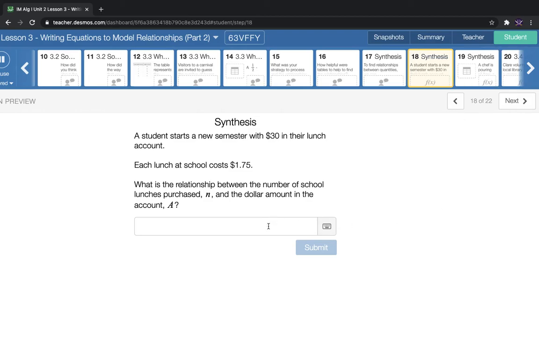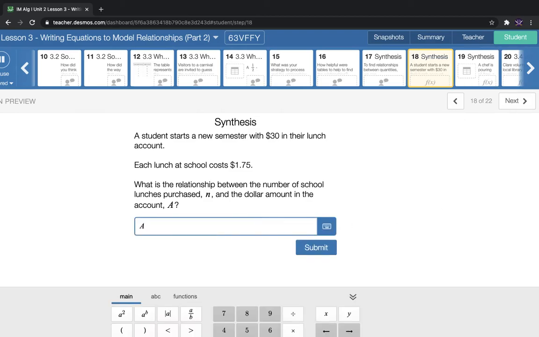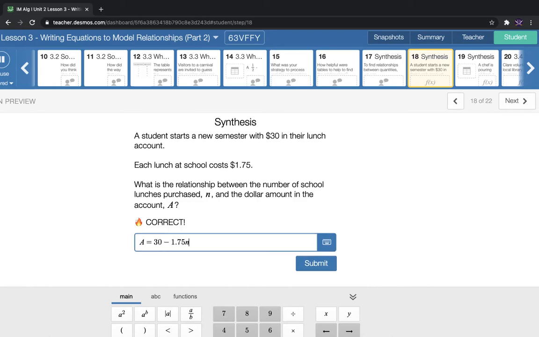We want to know the amount that's in there, so we would say that that's A. And then we said that we started the new semester with 30, but then we've got to subtract every time that we eat lunch. So we'd be minusing 1.75 for every lunch purchase. So A equals 30 minus 1.75n.